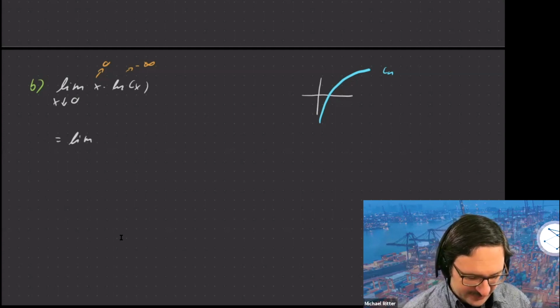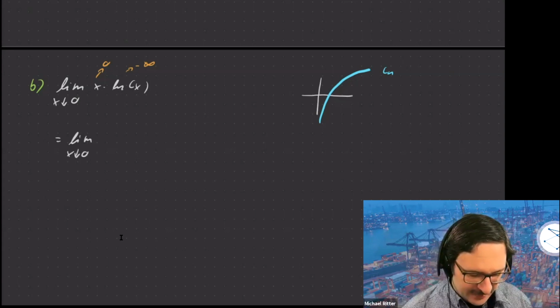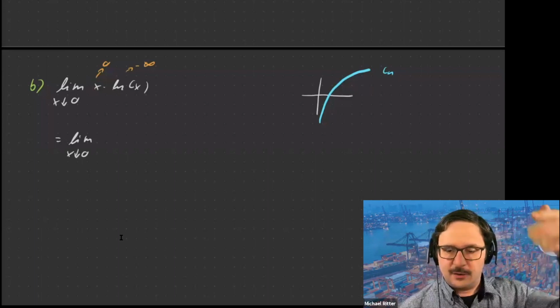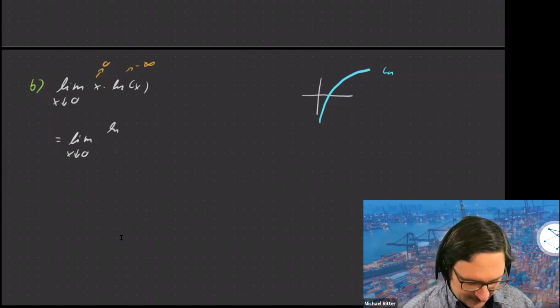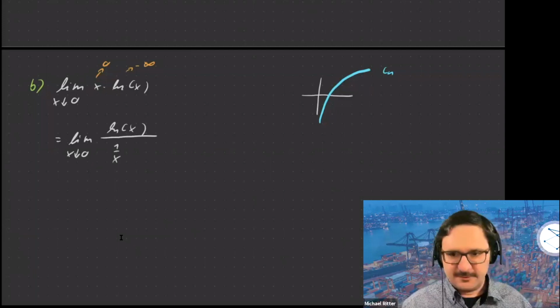One such trick would be, instead of multiplying by a factor, we can divide by 1 over that factor, right? So instead of multiplying by x, we can just take that ln and divide by 1 over x. That's the same thing.